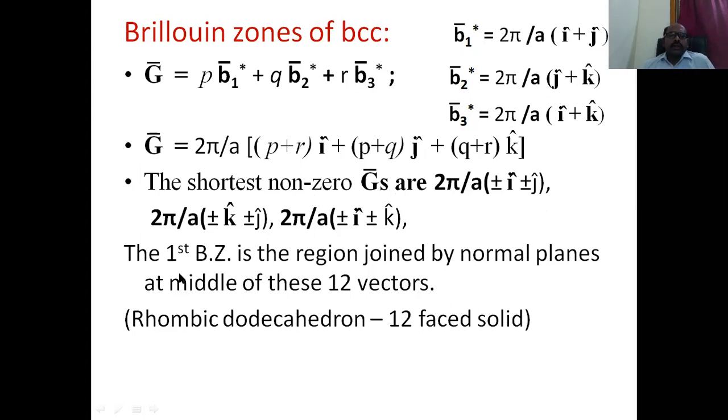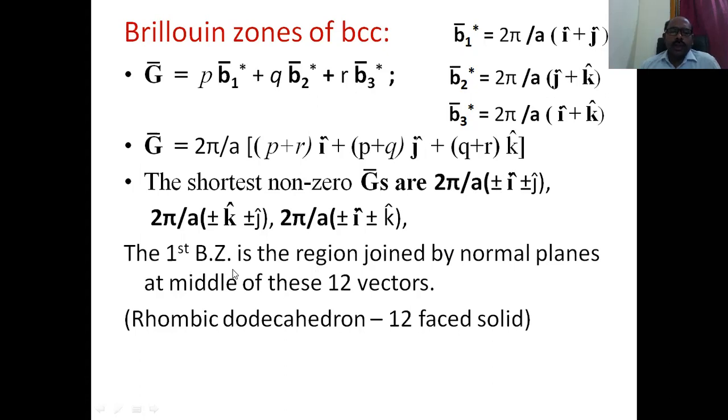So we have to draw the planes at the middle points of these vectors. At first we identify the directions in which the vectors are located, and then draw the normals to those vectors at their middle points. 12 directions means 12 planes.